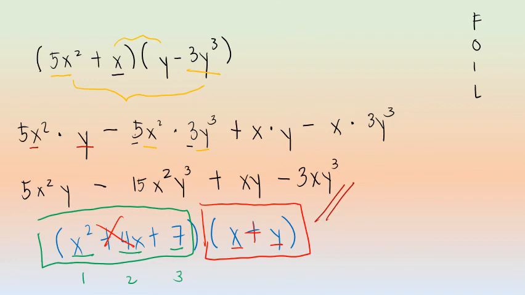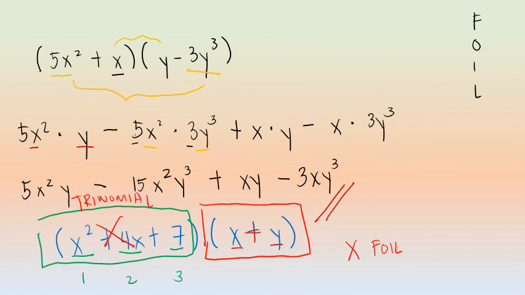So in multiplying this one, x squared plus 4x plus 7 multiplied by x plus y, we cannot use the FOIL method. Okay? What we use in multiplying these is different. This is what we call a trinomial.